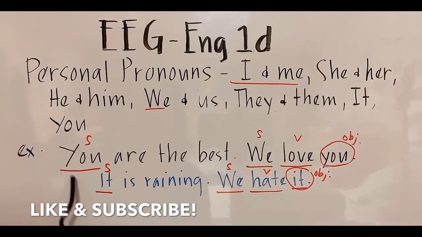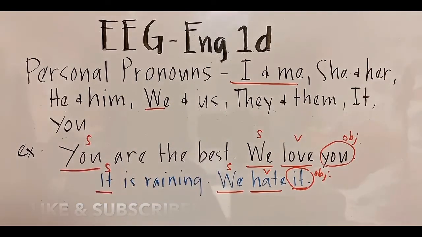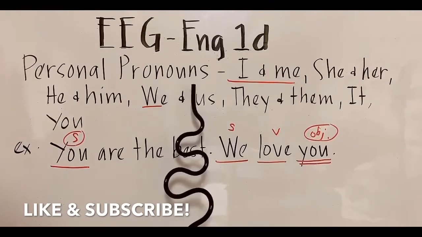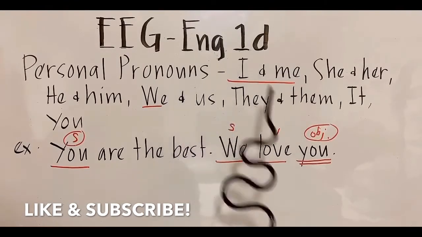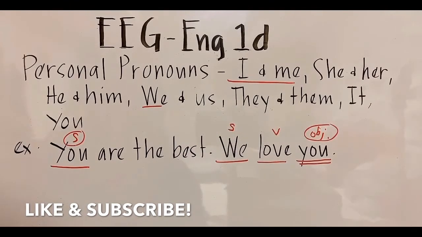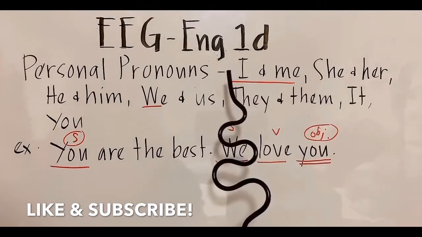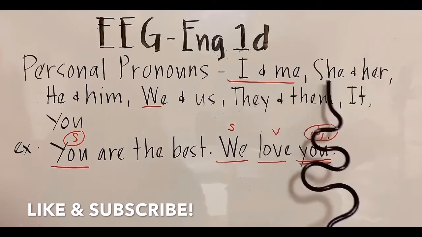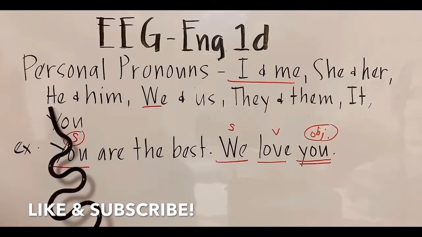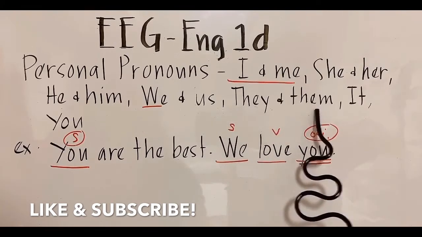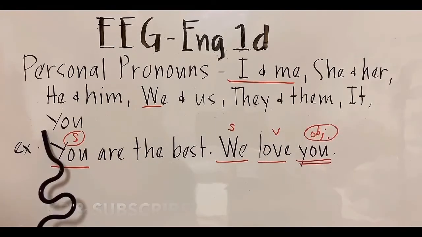So they are both special personal pronouns. Let's summarize. Personal pronouns are pronouns used to substitute particular persons, objects, or animals, and they are I and me, she and her, he and him, we and us, they and them, it and you.